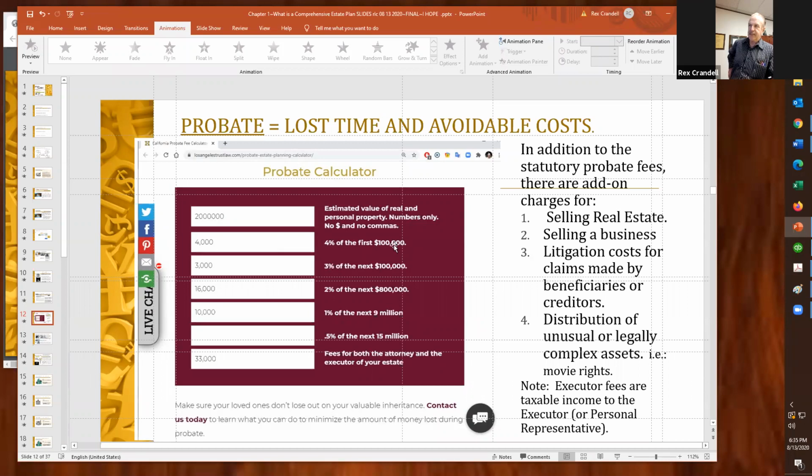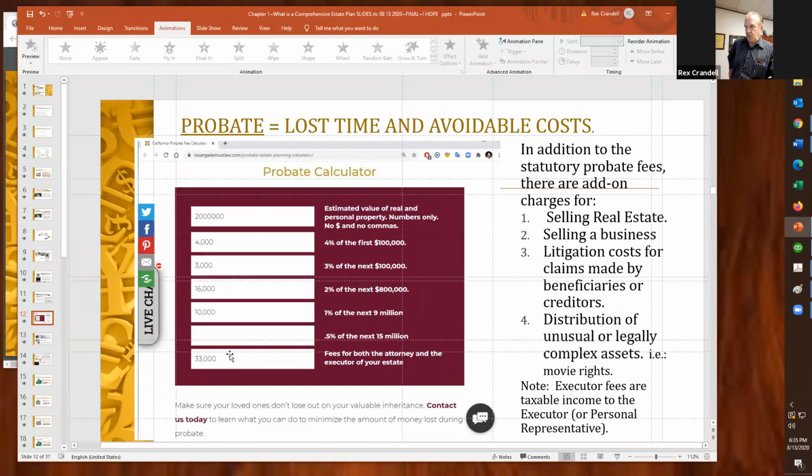We're at $1 million at this point, and then 1% of the next 9 million. So in this example, with a $2 million estate, we have a probate fee maximum of 33,000, and that's a lot of money. Administering a trust would more than likely cost less than that and take less time.